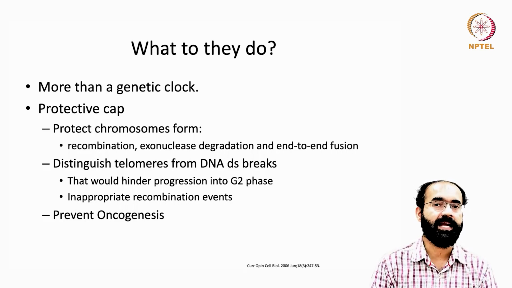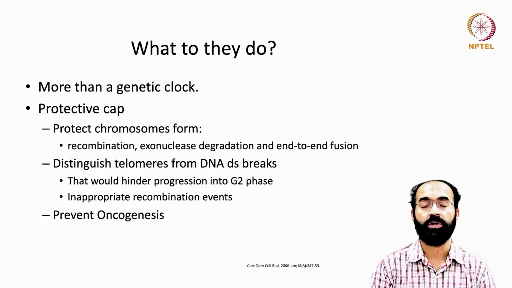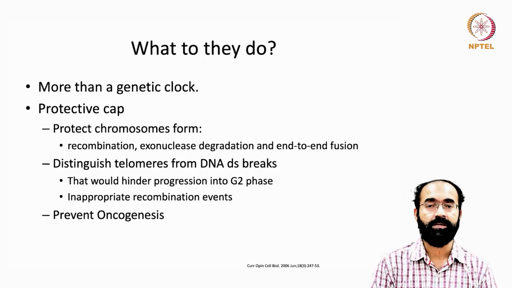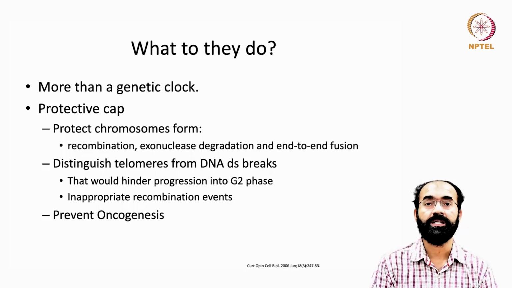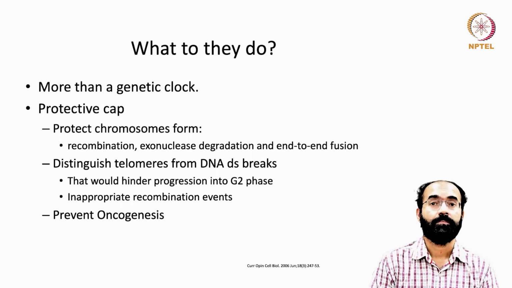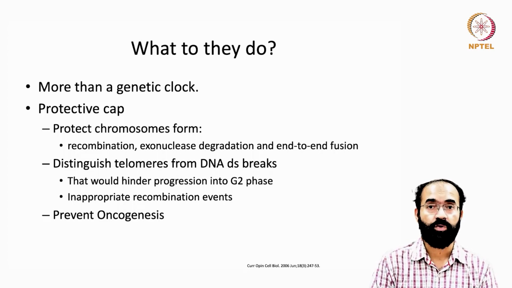If there is a DNA end lacking the telomere sequence, that indicates it's a freshly broken chromosome, freshly broken chromatin from somewhere in the middle of the gene. So you don't want that problem left unnoticed. That is why telomere is also an indicator of the nature of this DNA end.